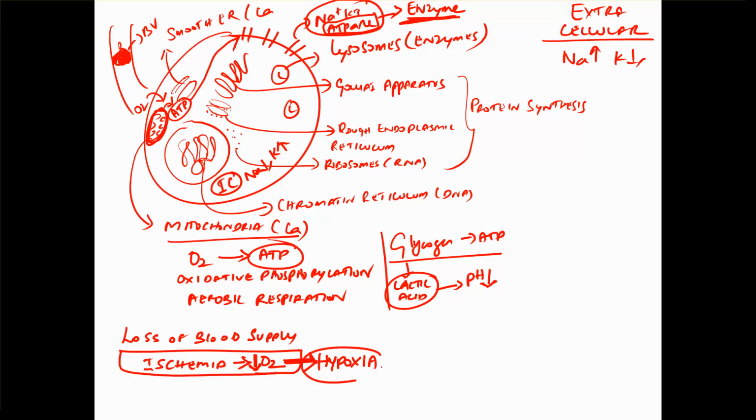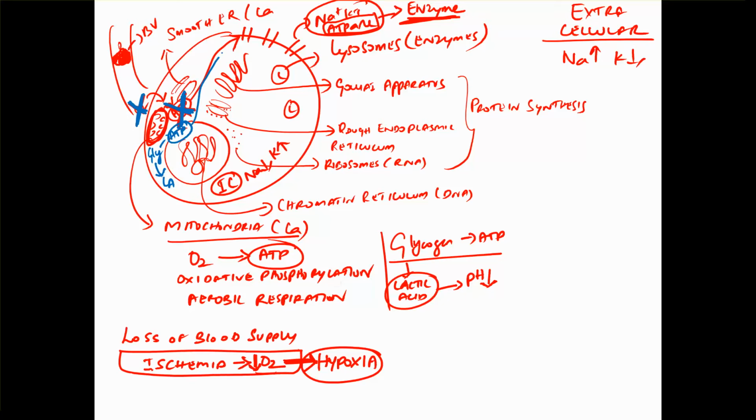If there is hypoxia, then ATP is reduced. If there is ischemia that produces hypoxia and ATP is cut down, then they use glycogen, and the glycogen will produce lactic acid, and they will generate some ATP.